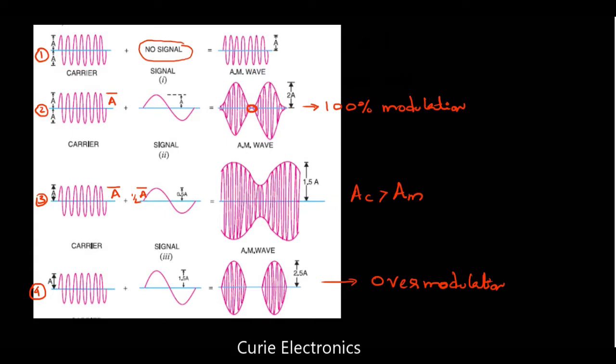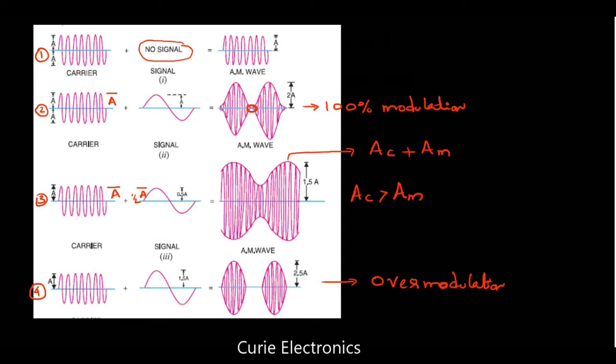Now we will solve one or two simple problems. But before going there, let me tell you one more thing. If we look at this peak value, it is 1.5 A at that peak point. That is, we can write it as AC plus AM, the carrier amplitude plus the message signal amplitude. That is the maximum peak value.